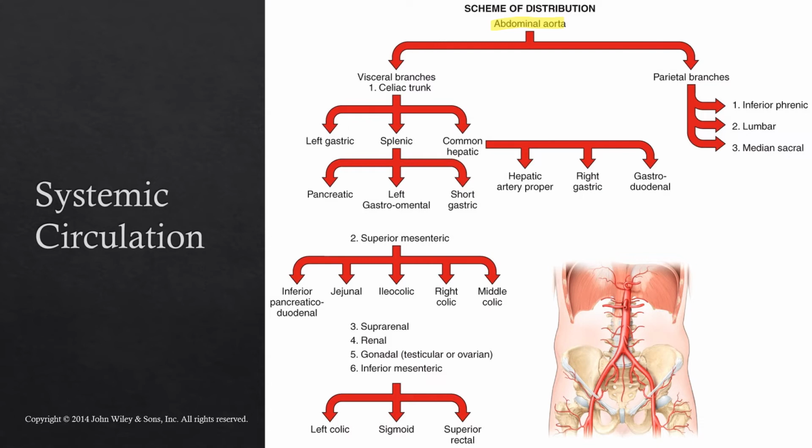Now, just like the thoracic aorta, the abdominal aorta branches off into visceral and parietal branches. There are three main parietal branches: inferior phrenic, lumbar, and median sacral. And there are six major visceral branches: the celiac trunk, the superior mesenteric, suprarenal, the renal, gonadal, and inferior mesenteric.